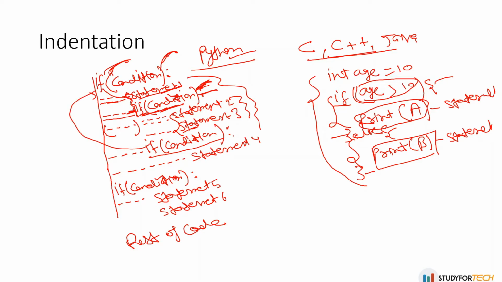So this if block comes in this if statement, and this if condition also comes in the topmost if condition. If you want to write some statement inside this, again 4 spaces are already there, and then you give 4 more spaces and then statement 4 to denote that this statement comes under this if condition.